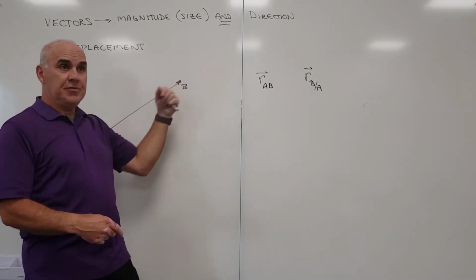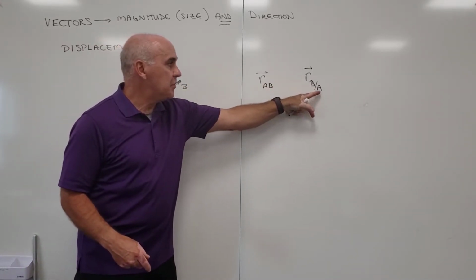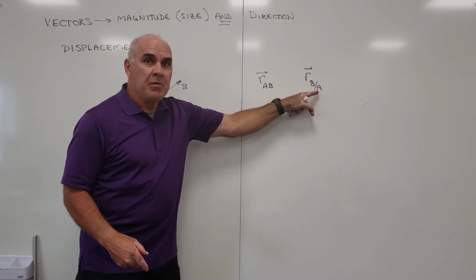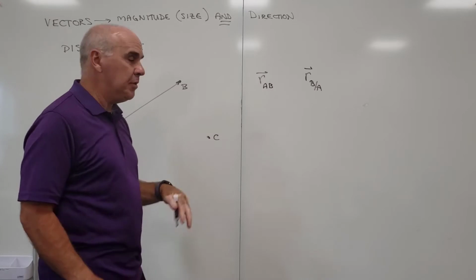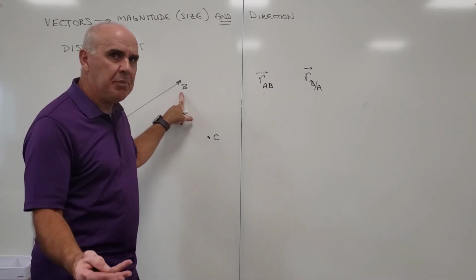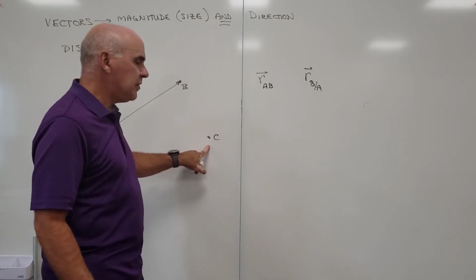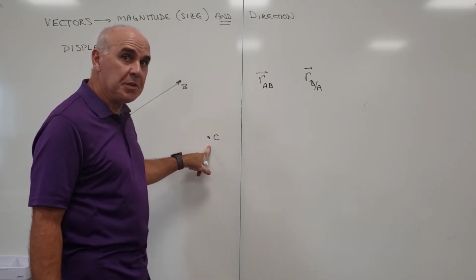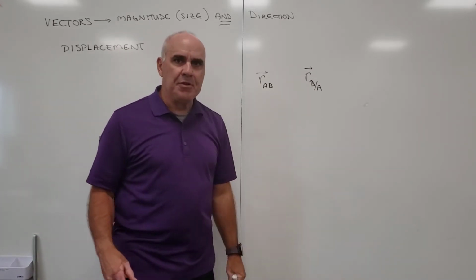And then the distance from me to them is going to be their position with respect to me. Now their position with respect to somebody at point C is going to be different. They haven't moved. They're in the same place. But their position with respect to me is different than their position with respect to this person at point C. So just a different designation. Save that for another day.